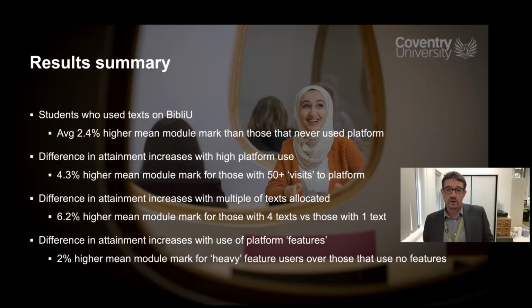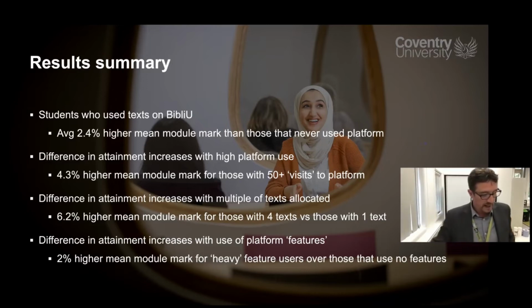Where courses have 4 texts allocated to them on the platform rather than just 1, we see again a higher module mark. And there's also a difference in attainment for heavy feature use as well. So 2% higher mean module mark for those that are using the features that are part of that.